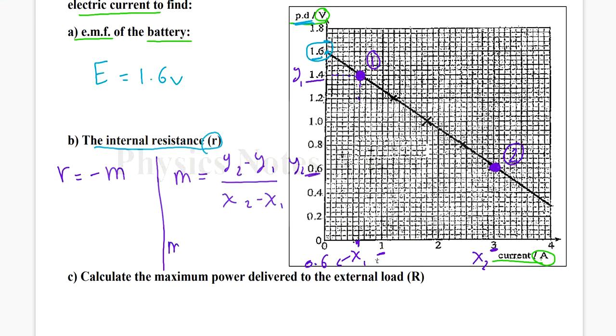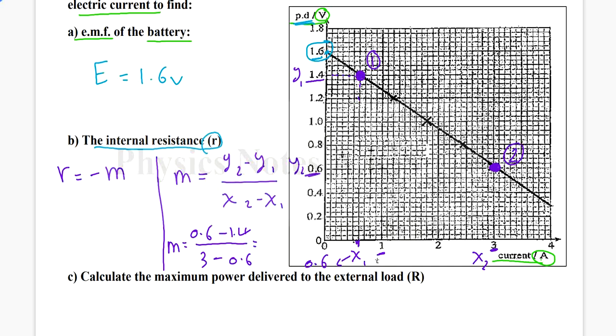Now I substitute. So I have m equals y2, which is 0.6, minus y1, which is 1.4, over x2, which is 3, minus x1, which is 0.6.